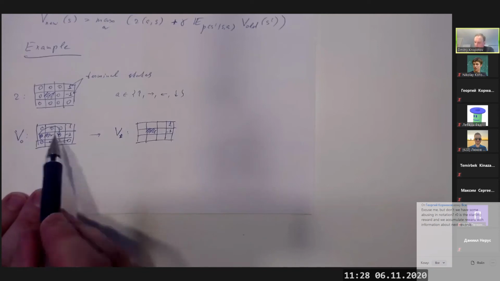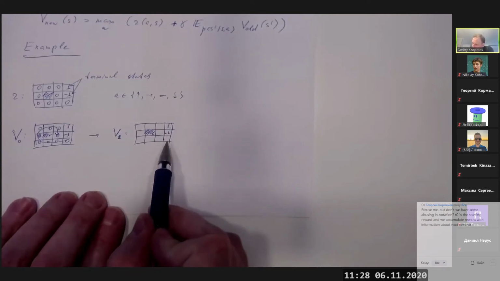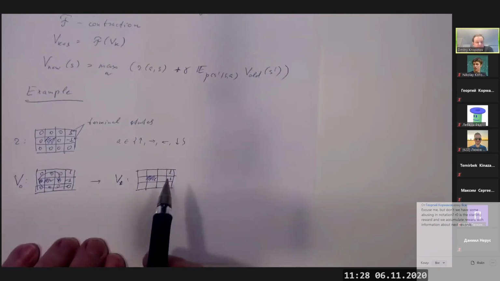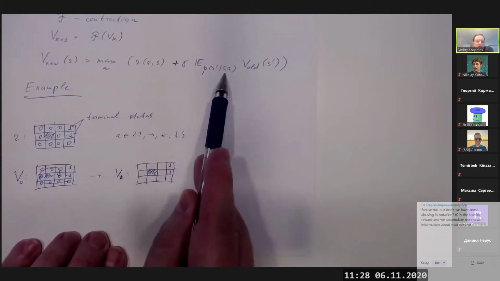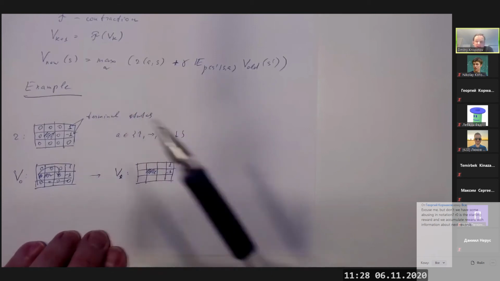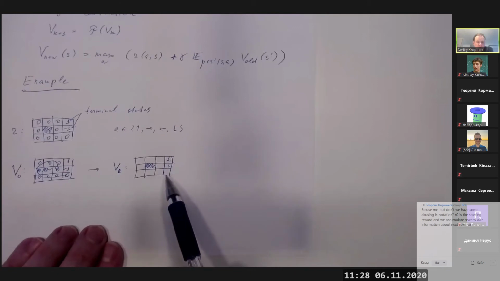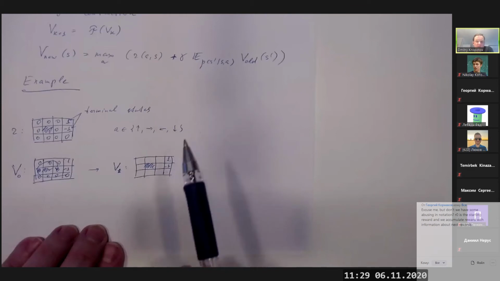And now we are recalculating our v in all the other positions. So we are starting here at this point, and we are trying to calculate this value. So take a max over all possible actions. In this situation, we are able to move upwards and to the left, and choose a max between these two values.